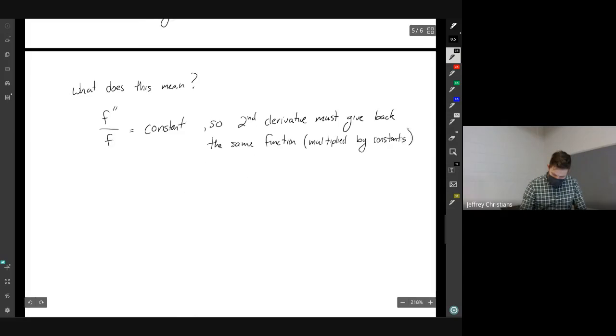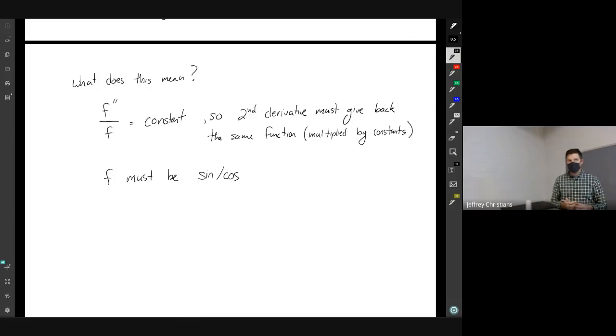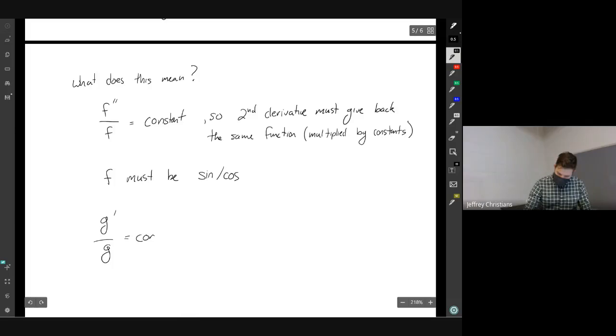So that means f must be like sine, cosine, some combo of those. g prime over g equals a constant. This is the same thing, but now the first derivative gives back the same function.